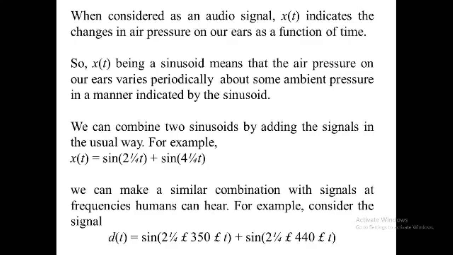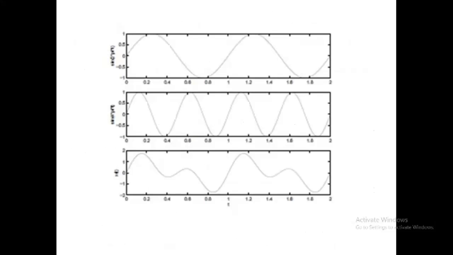Here, the amplitude of each sinusoid is 1 and the phase of each is 0. A plot of x of t is shown in the following figure. See this figure. The sound created by x of t is the combination of the two pure tones that make up x of t.